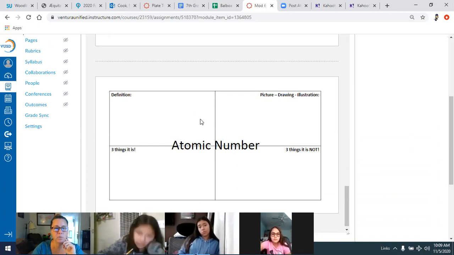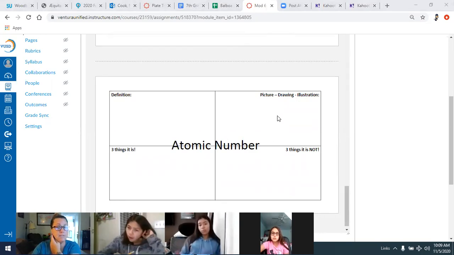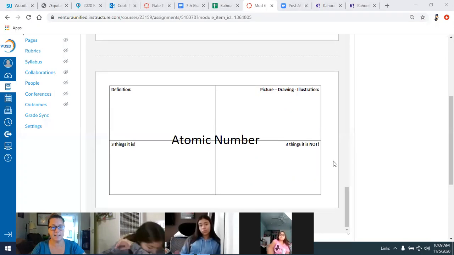Each cell is worth 3 points. So this is 3, 3, 3, 3. 3 times 4 is 12, and then you have 5 cards worth 12 points each. 5 times 12 is 60. So that's where we get the 60 points from for this assignment.